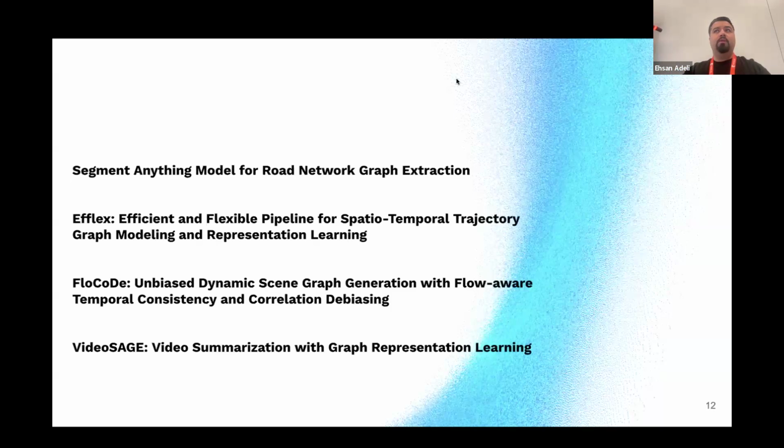Awesome. Thank you, Azadeh. So for the first oral session, the 4 presenters, do we have the first presenter for road network graph extraction, Congrui? No, or online?